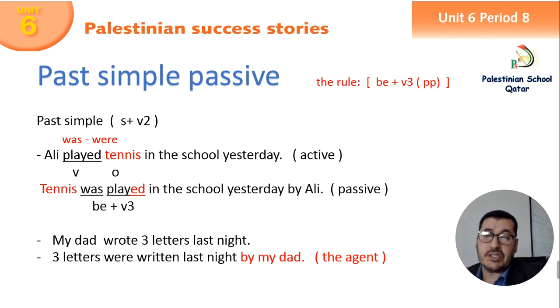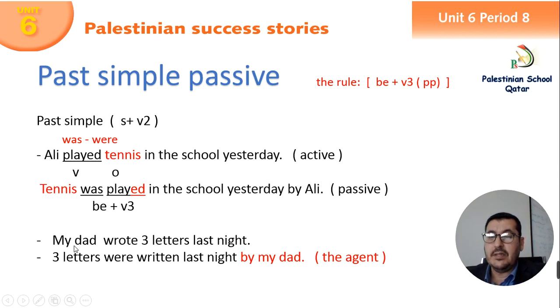So tennis takes was. We can say tennis was played. Played, why? It is verb 3 after was and were. Tennis was played in the school yesterday by Ali. Why by Ali at the end? Because we know who did the action, so we put it as agent at the end of the sentence.